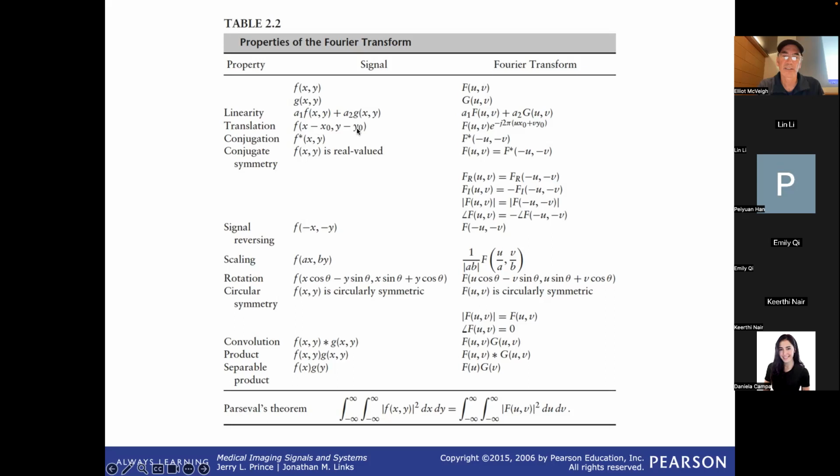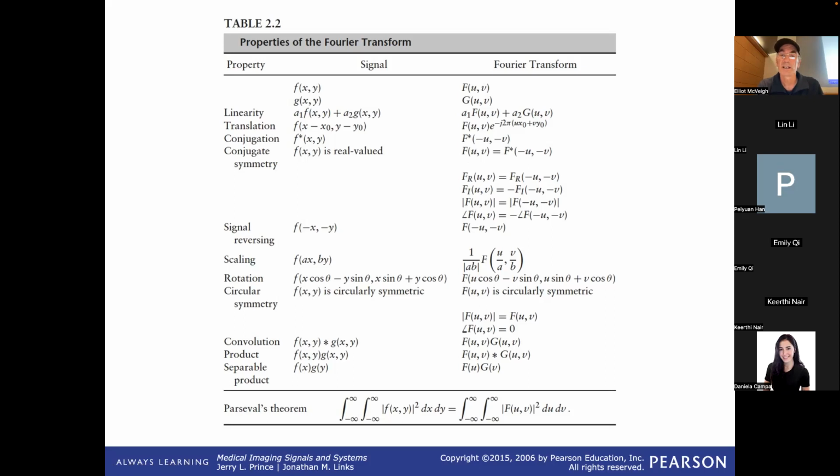We know what translation is. We did that. You multiply by this plane wave. The conjugate is interesting. If I take the complex conjugate of f(x,y), you just take the complex conjugate of the transform, but you reflect around the origin, because there are negatives here. If this is real valued, then this thing is conjugate symmetric, it's called.